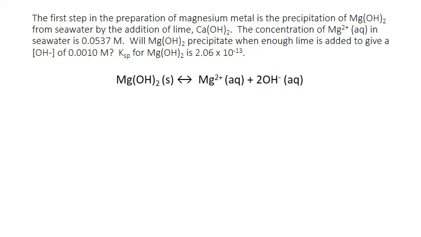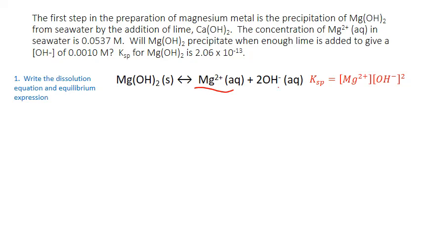And the first step in this, as in any other type of equilibrium calculation, is to make sure that you have the correct equilibrium reaction, in this case our dissolution equation, and the equilibrium expression associated with it. So this would be our KSP expression, and it is simply the product of our products, magnesium and our two hydroxides.